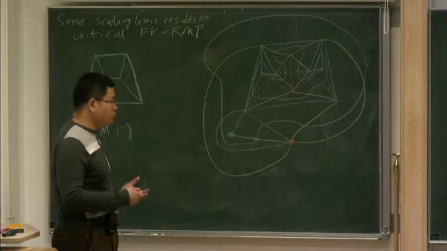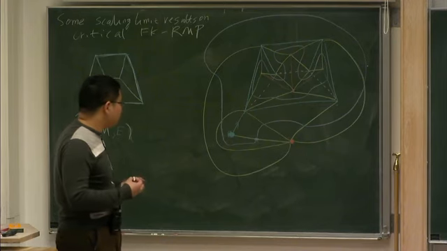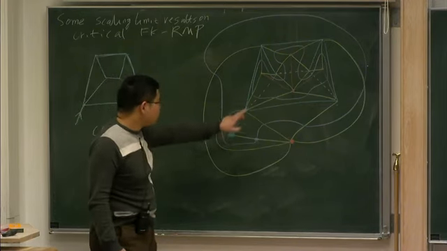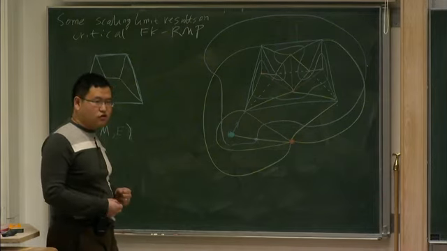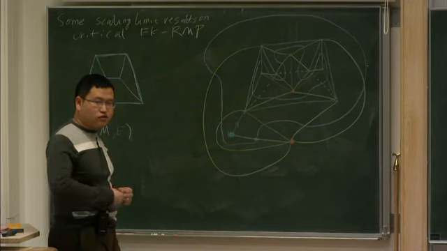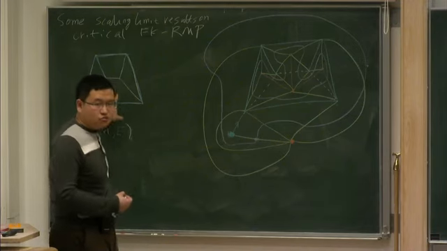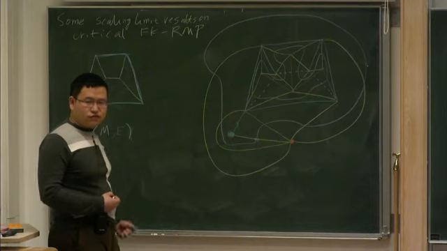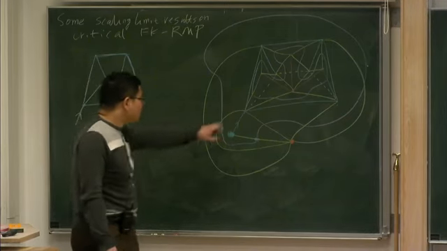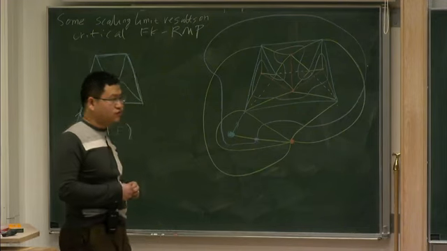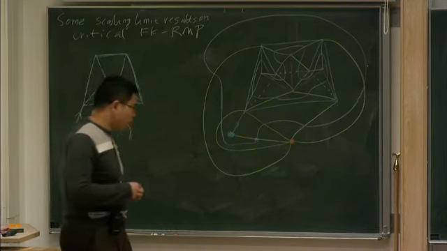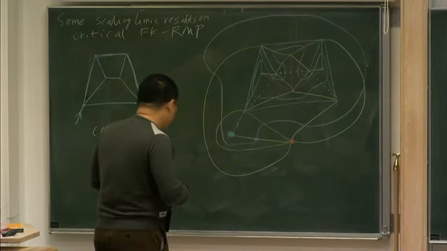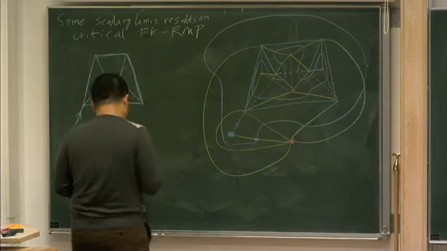So in this way, if you count the blue edges, red edges, and green edges, you will get a triangulation with 2n faces if the map originally has n edges. And if you only count these green edges, you get a quadrangulation with n faces. And the quadrangulation has two types of quadrangles.